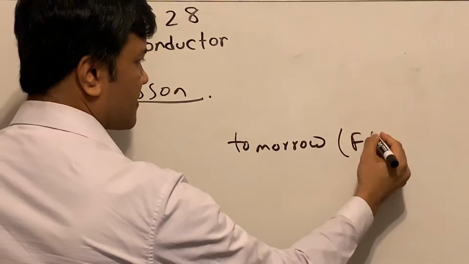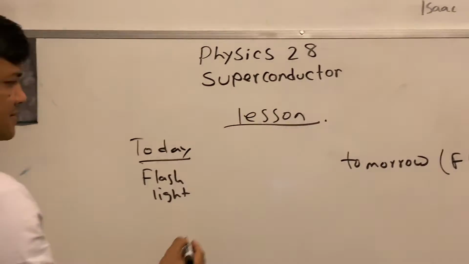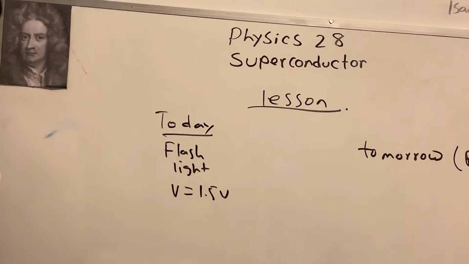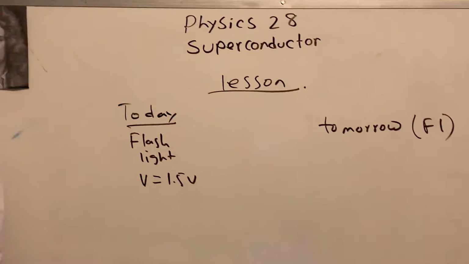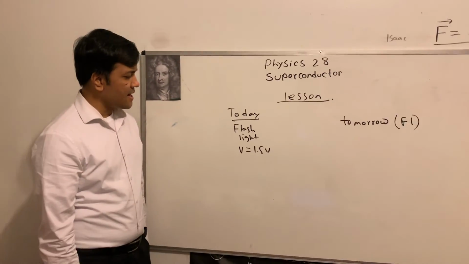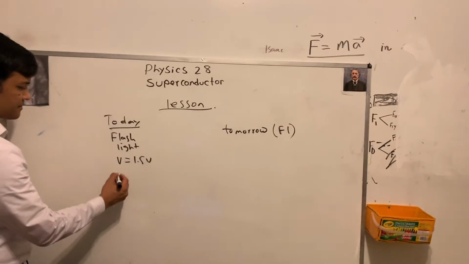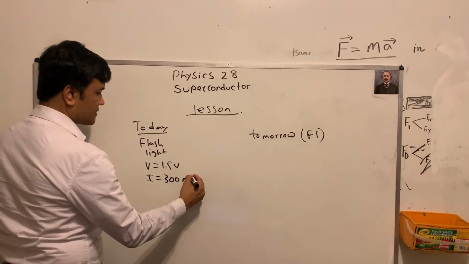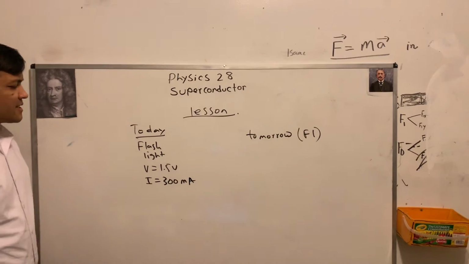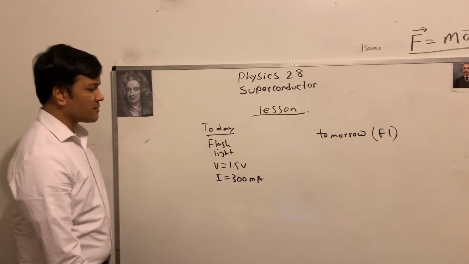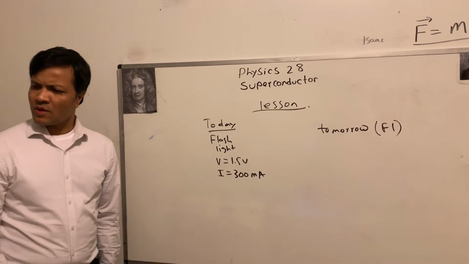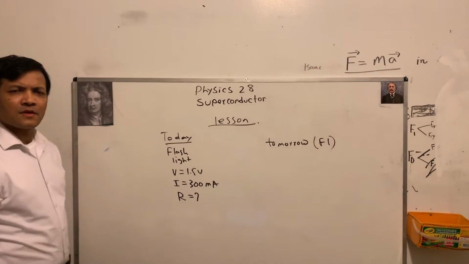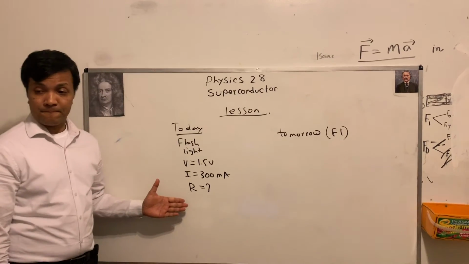Today the flashlight voltage is 1.5 volts, and the current is 300 milliamps. Now we want to find the resistance today.